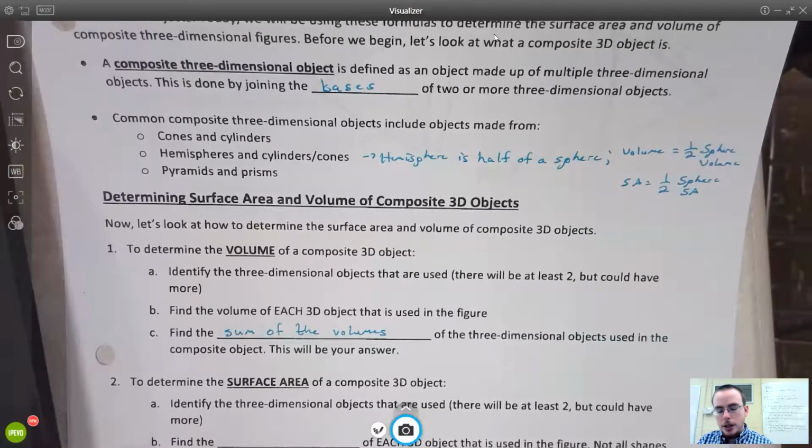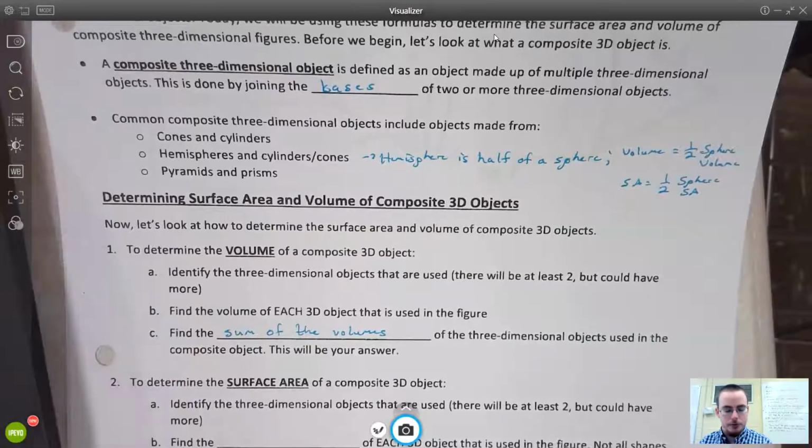So for this figure that I've been showing you, once you find the volume of the cone and the cylinder, you will find the total volume by adding them together. So that's what you would do. Okay.